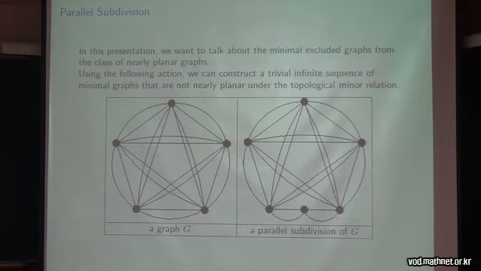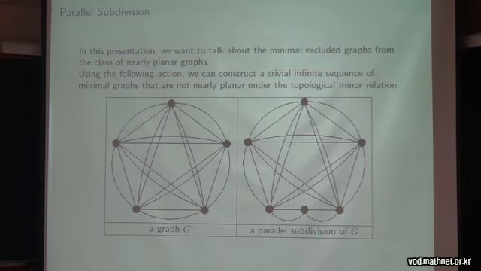It looks like subdivision, but it's different from the original subdivision. If you use this parallel subdivision, then you can make a sequence of minimally non-nearly planar graphs on the topological minor, right? It's minimal non-nearly planar, both of them under the topological minor relation.